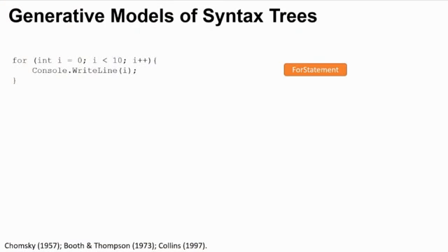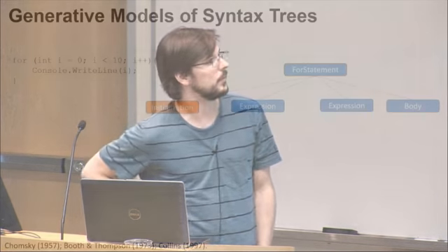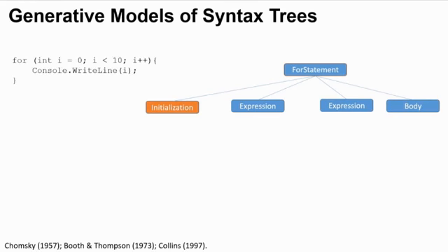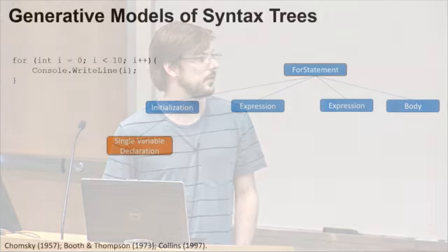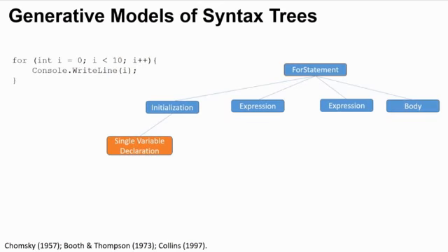Right, so how would this look? If we're trying to generate a syntax tree corresponding to a program, we're going to start with the parent node here. So let's say we want a for statement. Then the first step, we're going to generate a tuple of children. These are the nodes below it that we would see inside our compiler. Then we recurse to the leftmost non-terminal node here, the initialization. We're going to decide it's a single variable declaration.